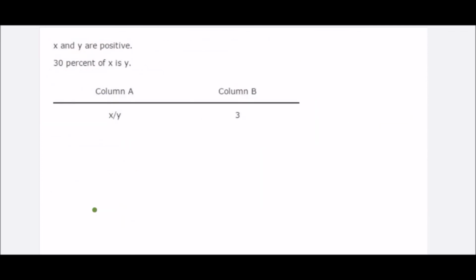Here is our next question. X and y are positive. 30% of x is y, that is 30% of x is equal to y. Here for column A we have to find out x divided by y, and column B is given 3.